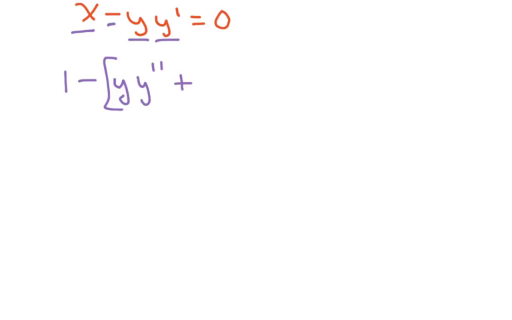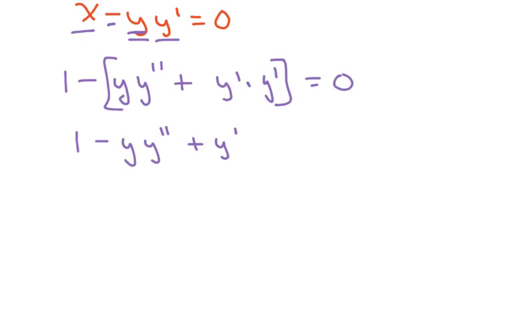We take the derivative of y, which is 1 times y prime. And you also take the derivative, that's 1, and then that's going to be y prime again. And all this is going to be 0. So this is basically 1 minus y times the second derivative of y plus y prime squared, because there's 2 of them here.